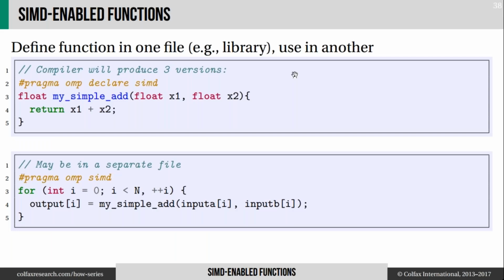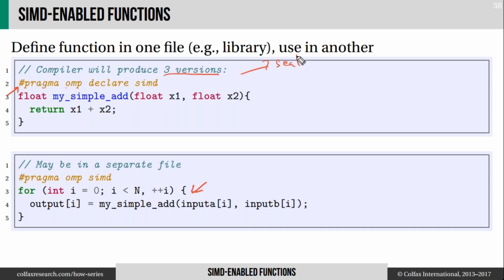Finally, in addition to loops and array notation, you have SIMD-enabled functions to express vectorization opportunities. SIMD-enabled functions are functions that obey certain rules and that are declared with a declaration like pragma omp declare simd. These functions are ready to be used in a data parallel context. For example, my simple add, I can declare it as SIMD enabled, and the compiler will produce 3 versions.